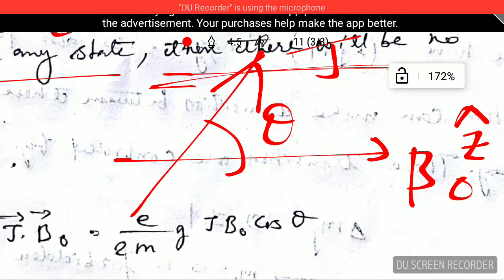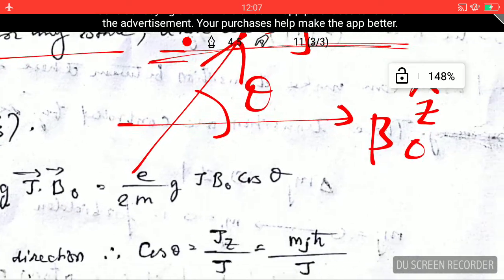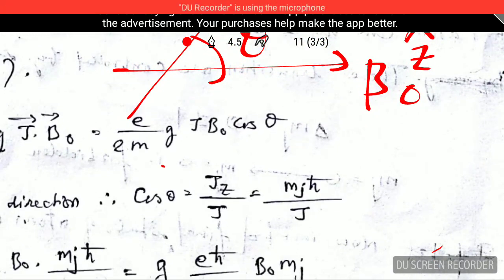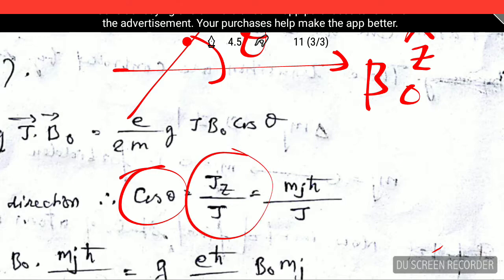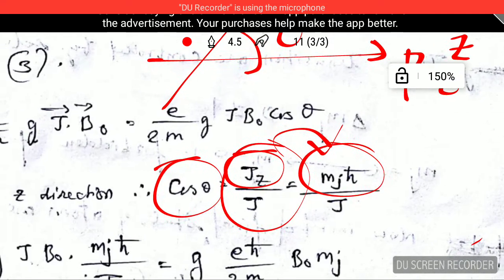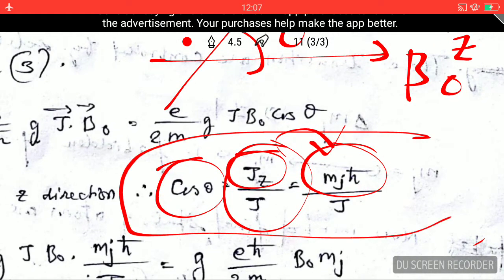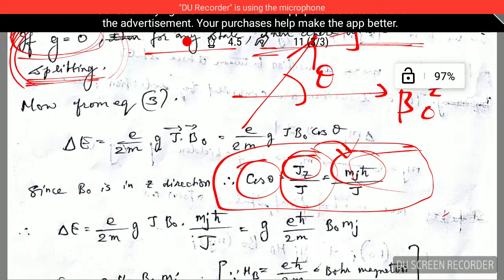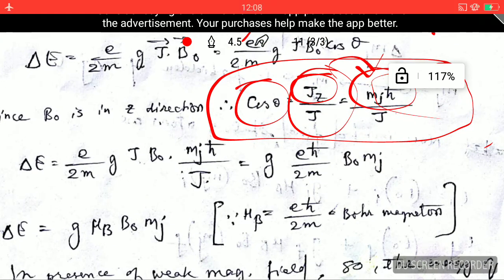This is the reason why the cosine of theta equals Jz over J, and this Jz is further equal to mj times h bar, and that came from quantum mechanics. I'm not going to give you the details of this quantum mechanics for the time being. You can just keep this in mind or remember it, because if I give too much detail, we will divert from our current topic.